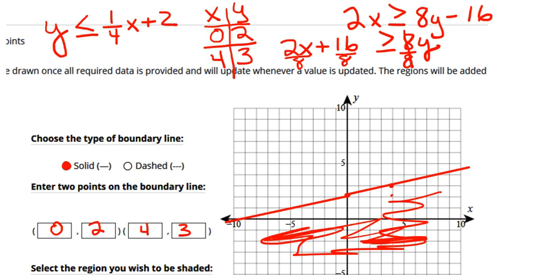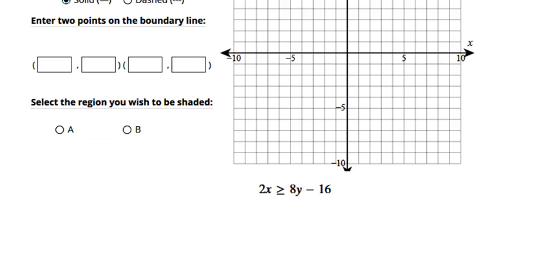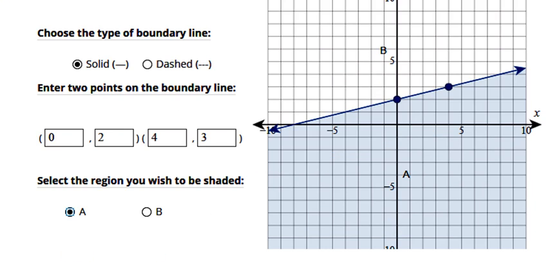Okay, now I'm going to clear this up so you can see it. You can always go back, remember, because I think I saved this here. There you go. So it's a solid line, and this is the y-intercept.